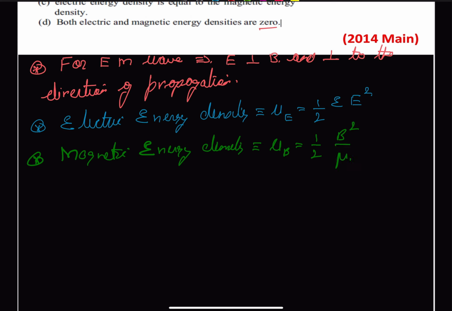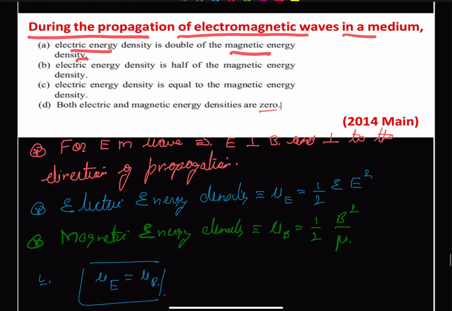Although with respect to the formulas it looks like they will be different, the normal relationship between these two is that they have to be equal. Therefore, we can say option C is correct.